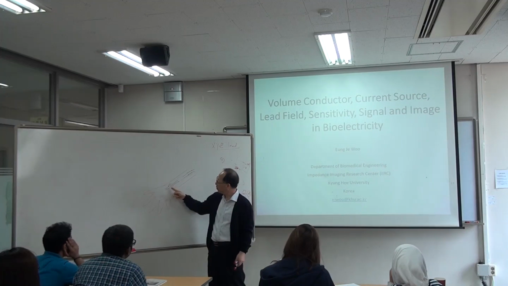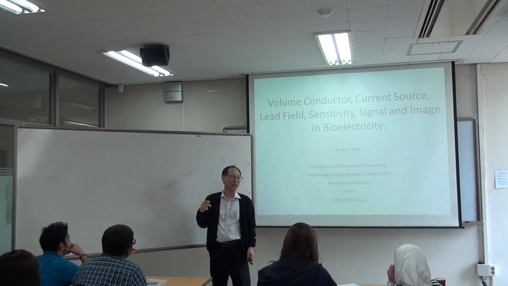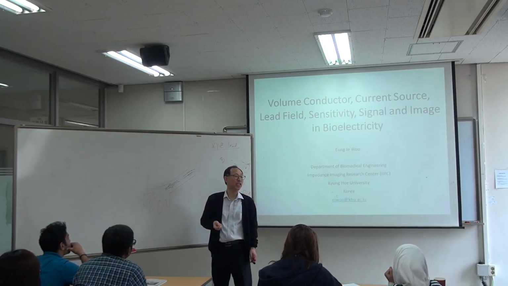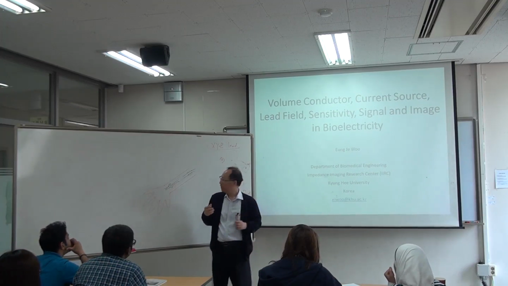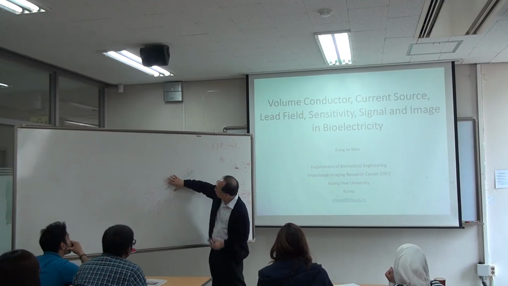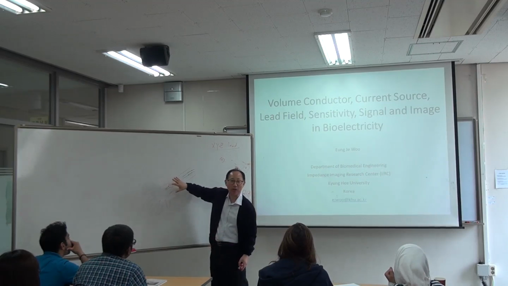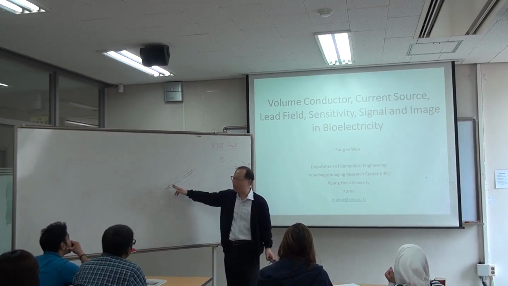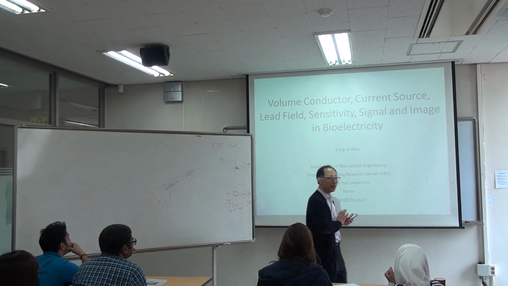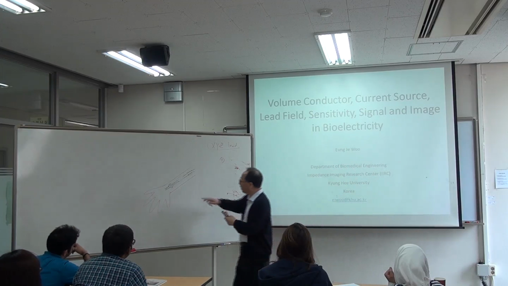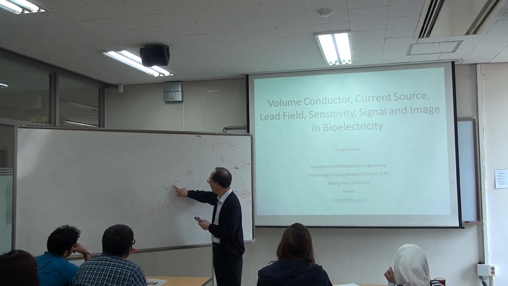So when we have this much of blood here, blood has a lot of ions, so its conductivity is high. So the electrical impedance between these two points is going to be smaller when we have blood passing through, compared with this kind of setting.